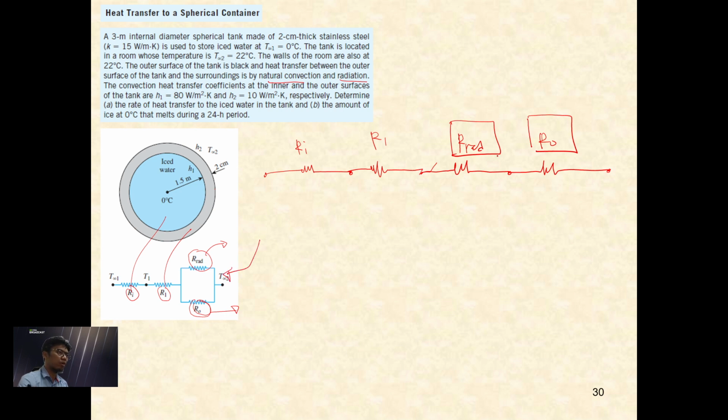So you need to solve them as a parallel resistance. To solve that, you need to use Q equals T infinity 1 minus T infinity 2 divided by R total. Right?